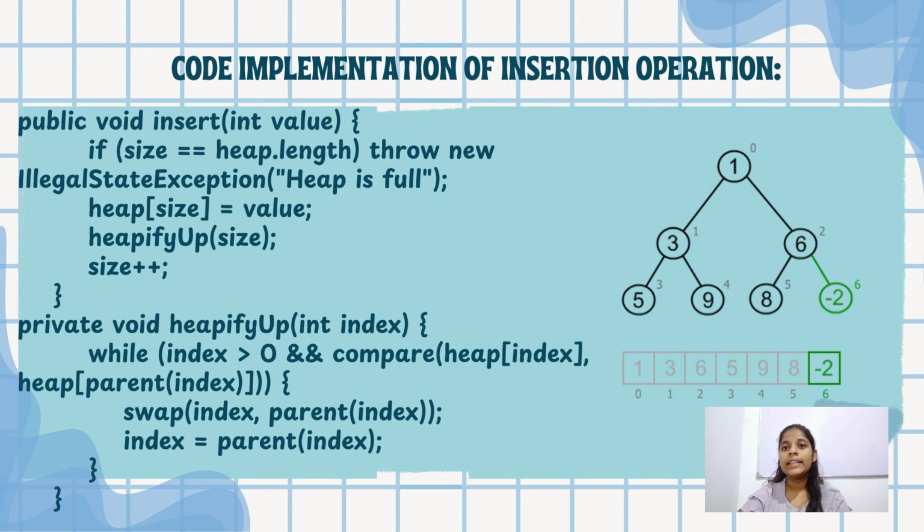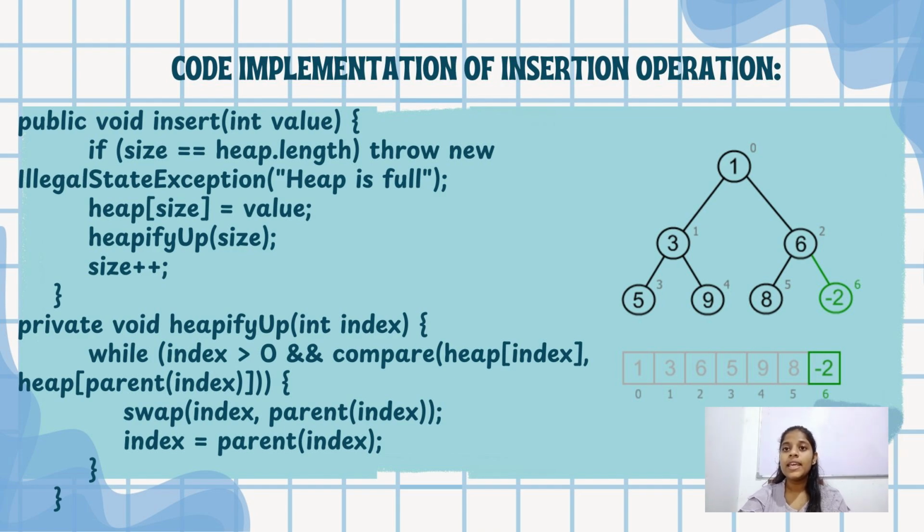The if statement checks whether the heap is full: size equals heap.length. If the number of elements, size, is equal to the array length, heap.length, the heap is full and it throws a new IllegalStateException, heap is full. So it prevents the overflow.